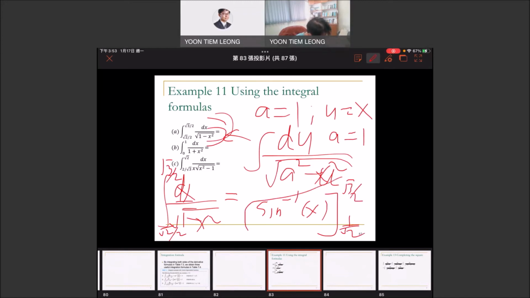Okay, so what is this? To get the result for this, you have to either press your calculator or look up the theoretical value for this. So let me see if I can remember this.